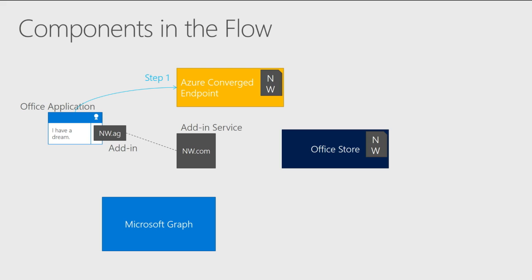From northwindtraders.com, I'm able to use my application identity and the token provided to me by Office, and I can exchange that user token and get back a token for my application so I can speak to the Microsoft Graph. And once I get that token, I simply can begin making calls to the Microsoft Graph. So this completes the cycle of how a user in Office can be identified by your application, and then your application can use that information to call into the graph.